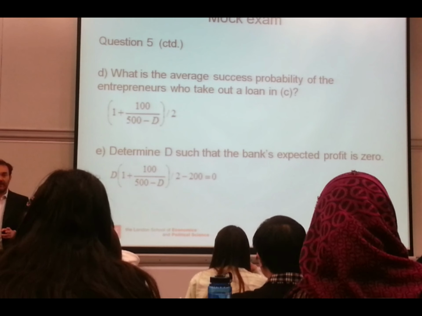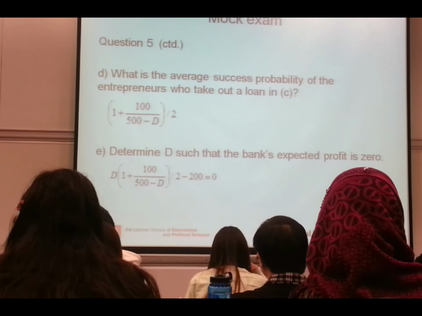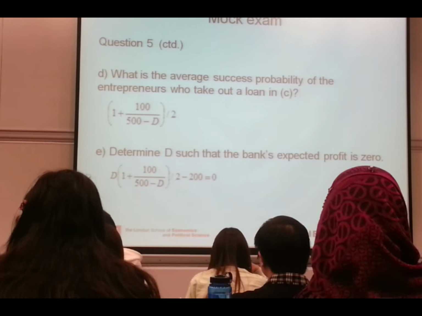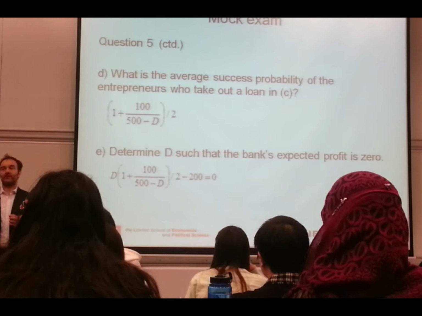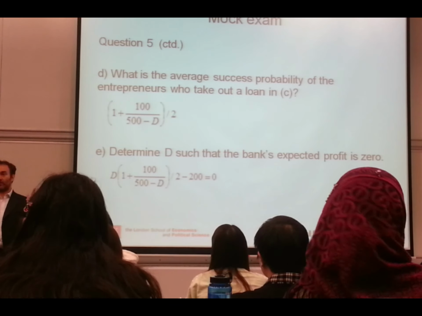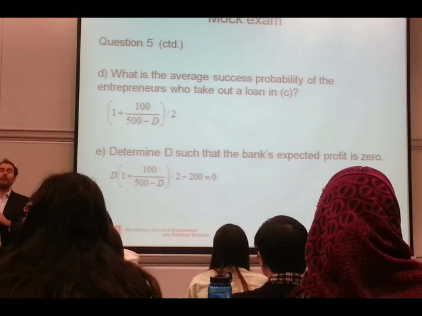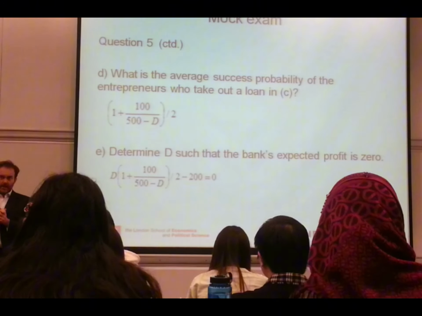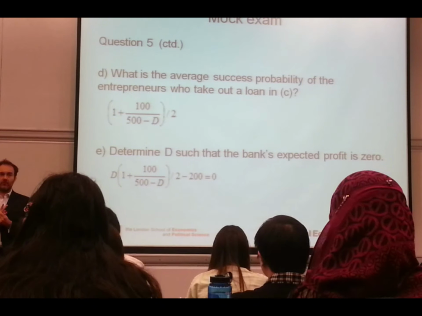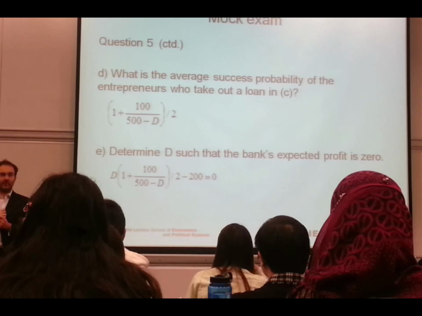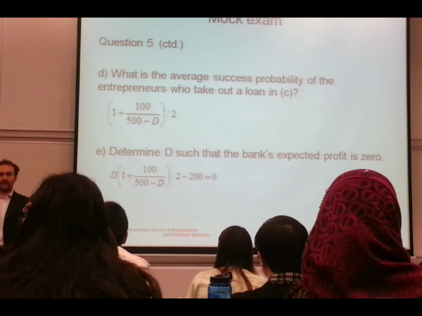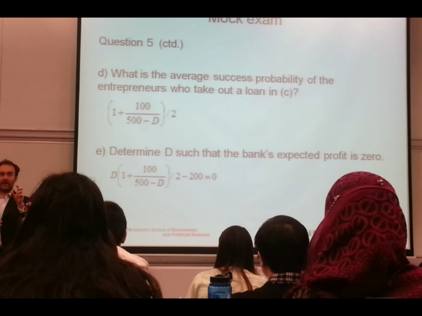Now, what this question comes down to is knowing what the average value of a distribution between the upper and the lower bound is. So if you were to look for the average value of a uniform distribution between 0 and 1, what would it be? It would be 0.5, right?